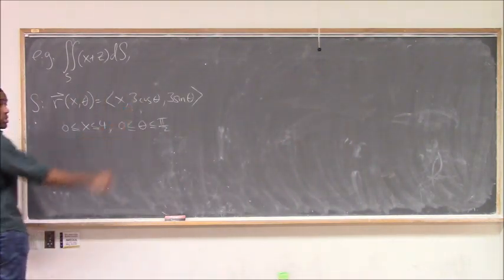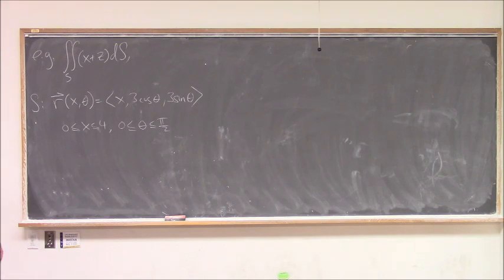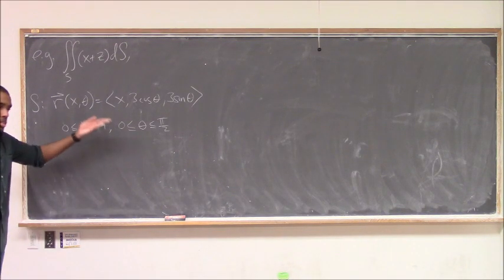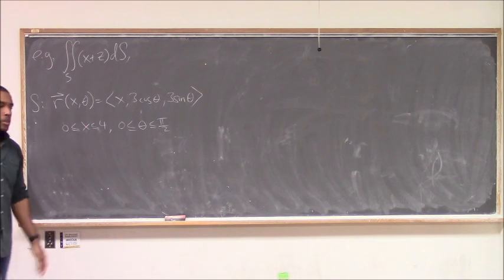What kind of surface is this? It's a quarter cylinder. What's the axis? It's running along the x-axis. So it's a quarter cylinder running along the x-axis, just the skin of the cylinder, the rounded part. Okay.